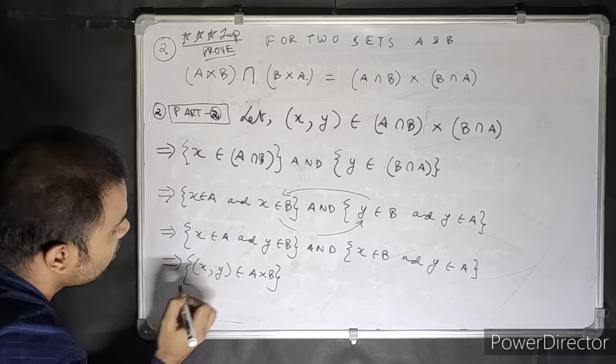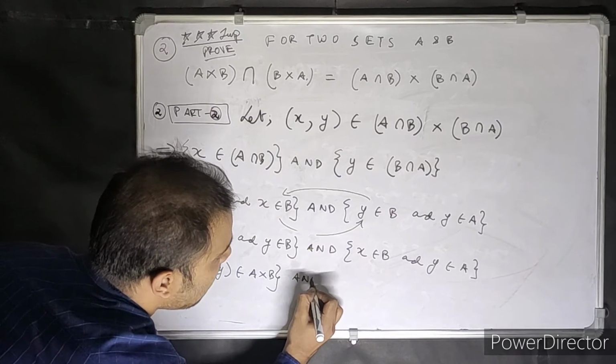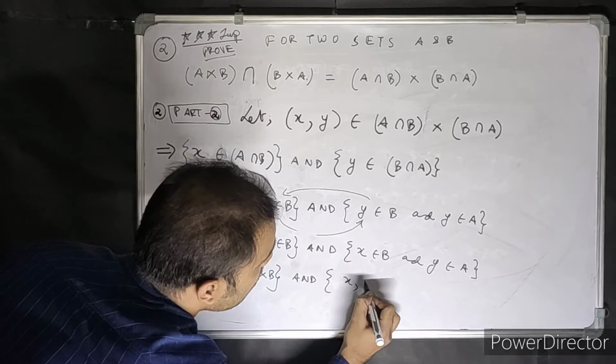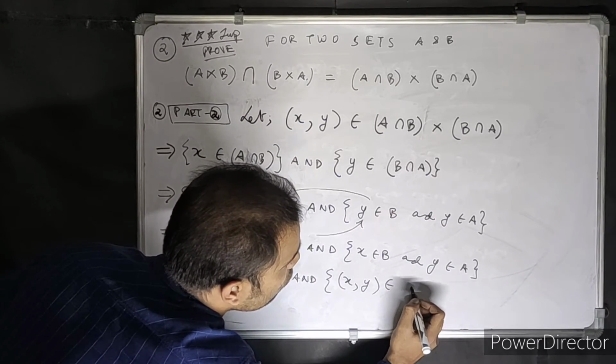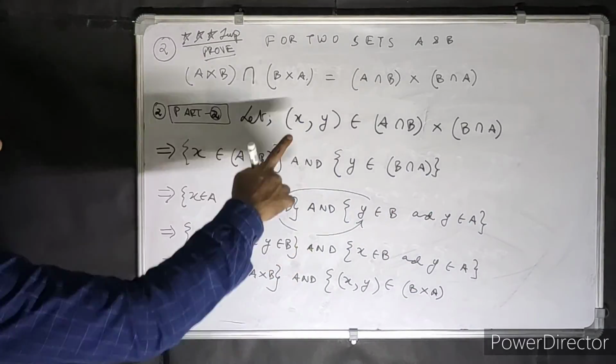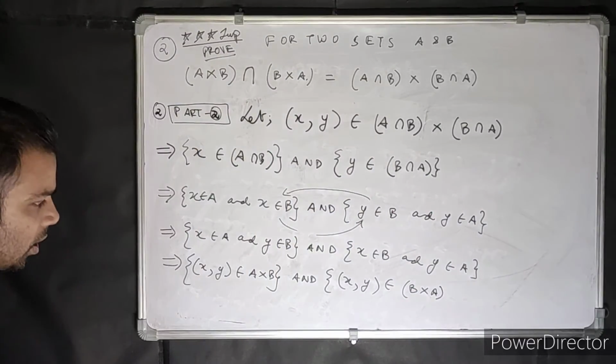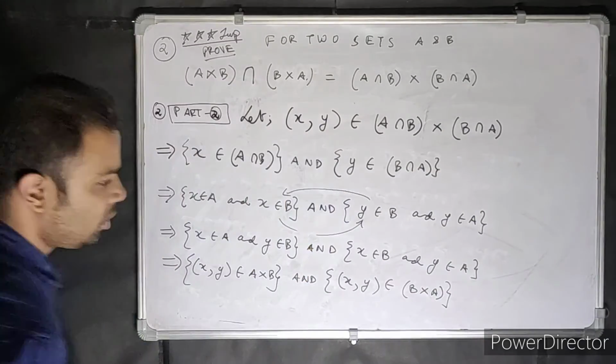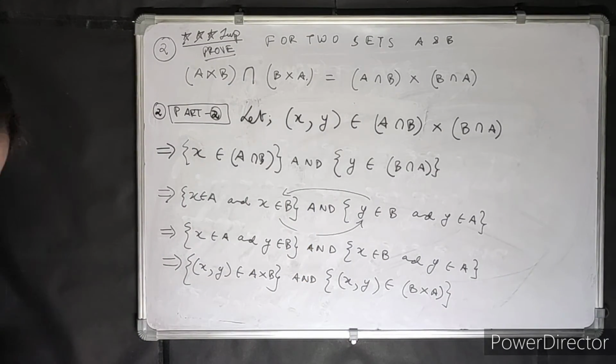This is one part. Then write this "and" as it is. Write (x, y) belongs to B cross A. We have started from here, and we are getting the LHS. So these are the two parts I split it into. Now from here very simple.